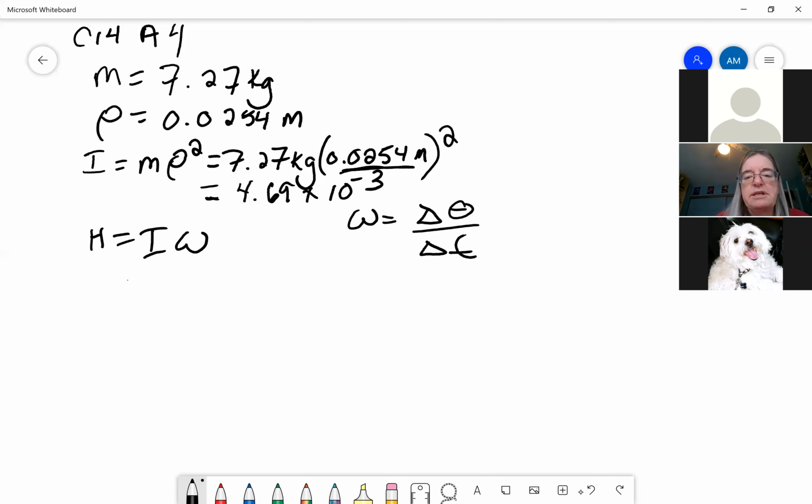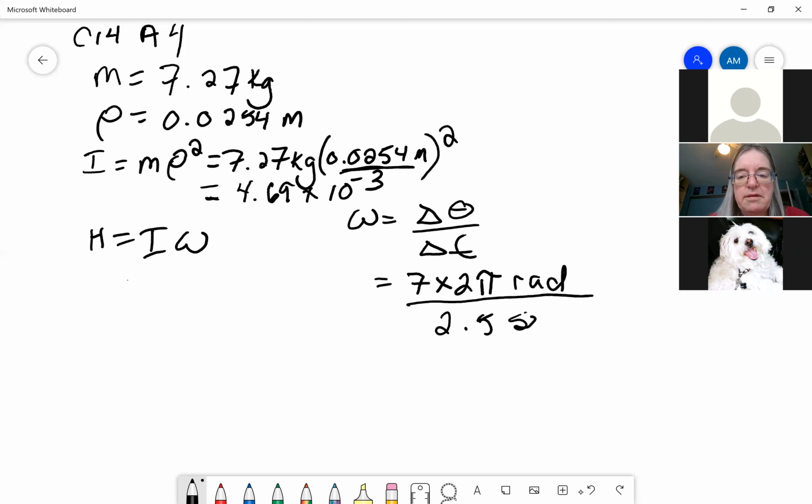We have to put 7 times 2 pi, because there's 2 pi radians per revolution, right? So that's how many radians it goes through in 2.5 seconds. So 7 times 2 times pi divided by 2.5.